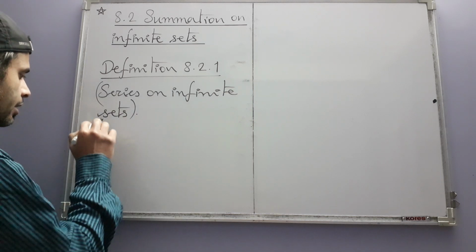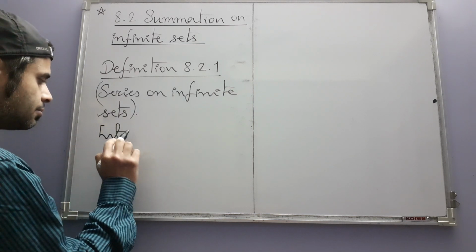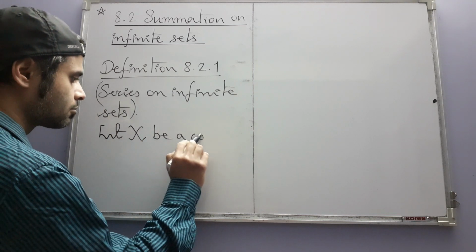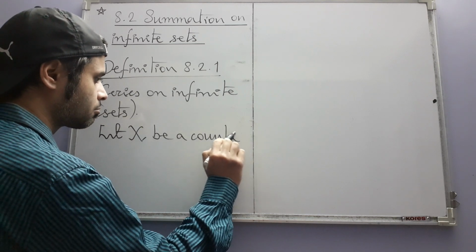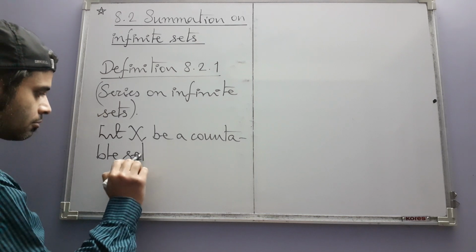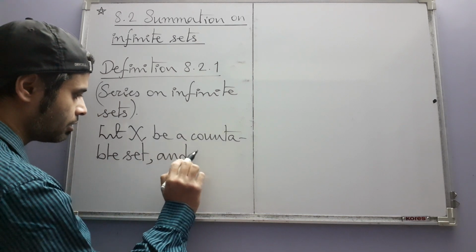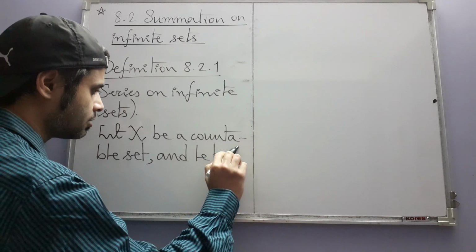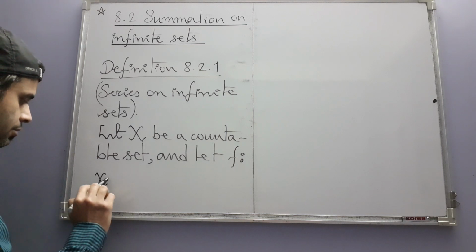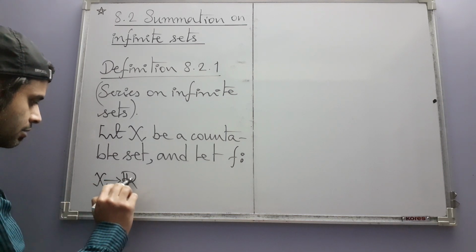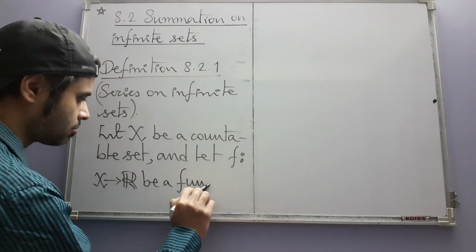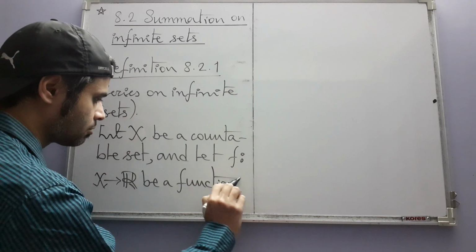So the definition goes like this: let X be a countable set and let f from X into the set of real numbers R be a function.